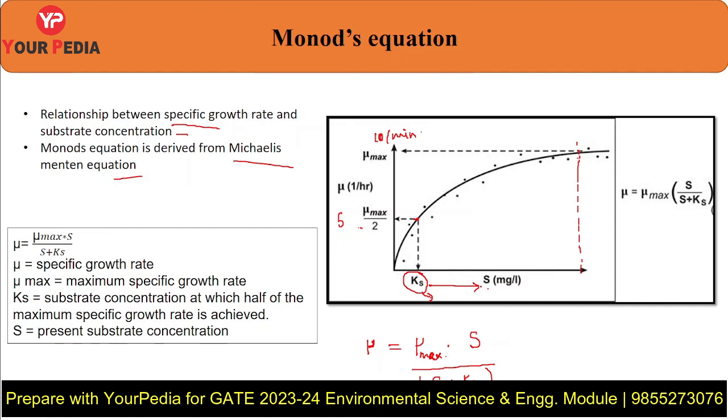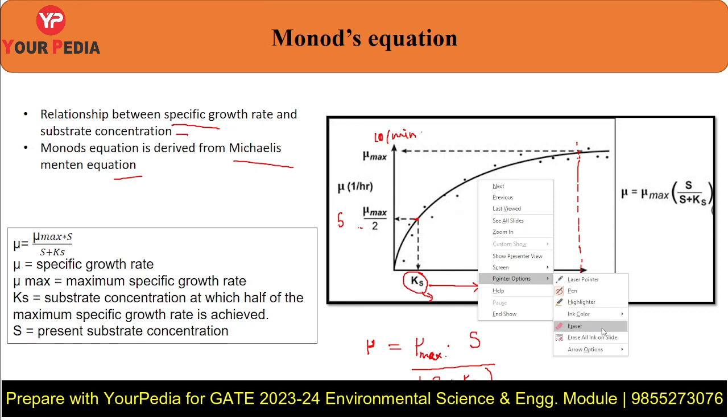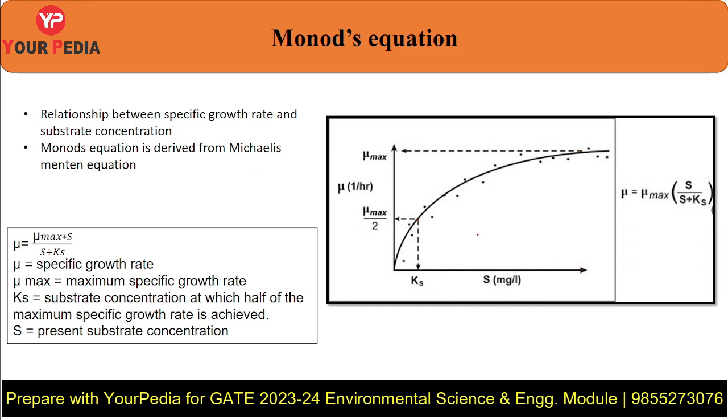After that, no matter how much substrate you keep providing to your bacterial or microbial population, there would be no increase in the specific growth rate. It will cease to increase, because this curve goes flat after one point of substrate concentration. So we just need to find out this concentration to achieve this maxima.